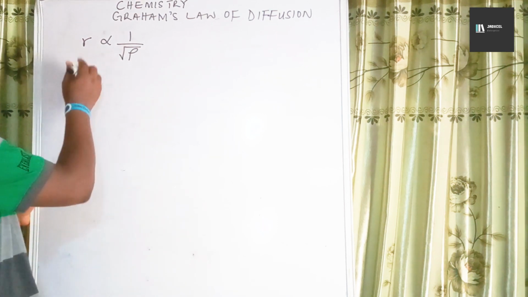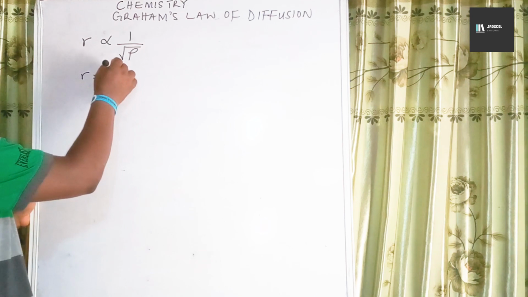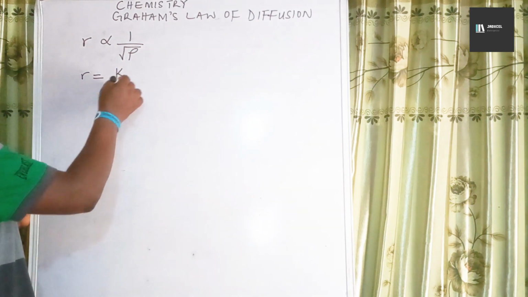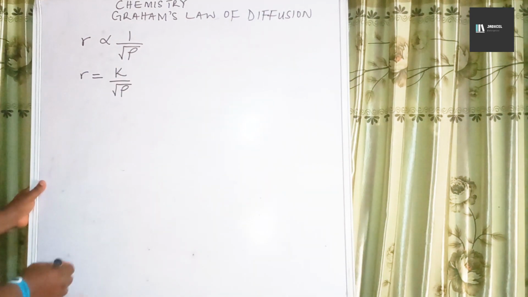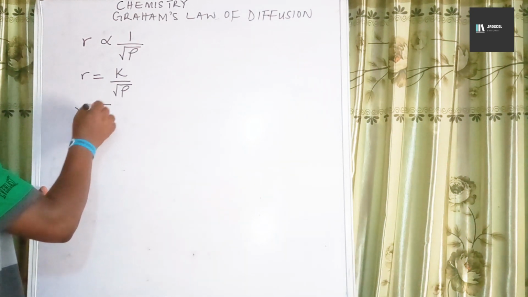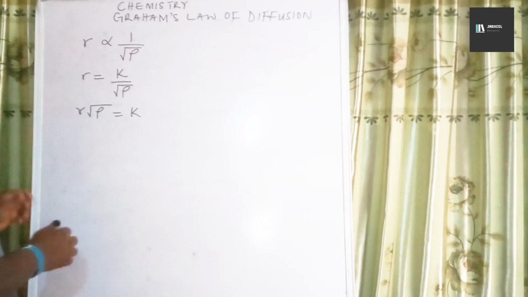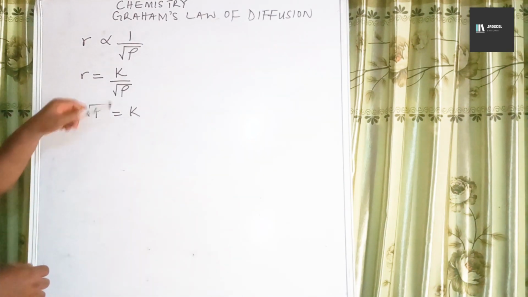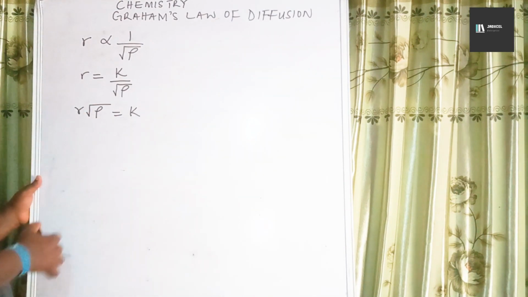So if we remove the constant of proportionality, we have k over square root of density, and when we cross multiply, the rate of diffusion multiplied by the square root of the density equals a constant.